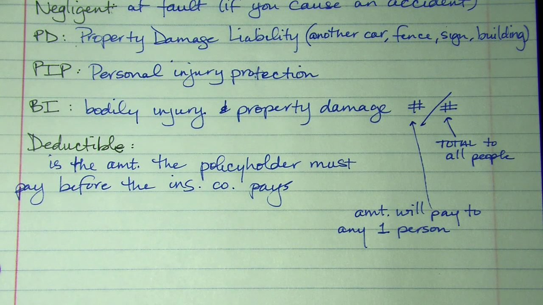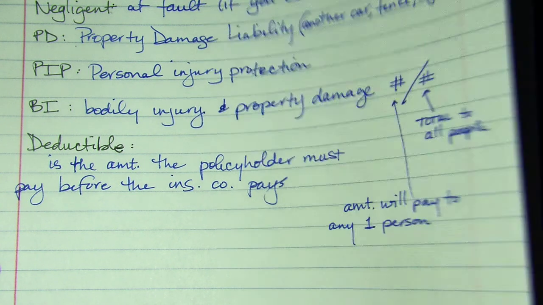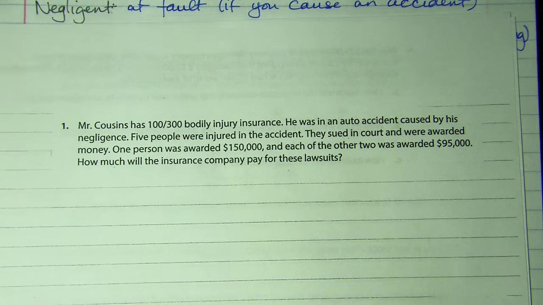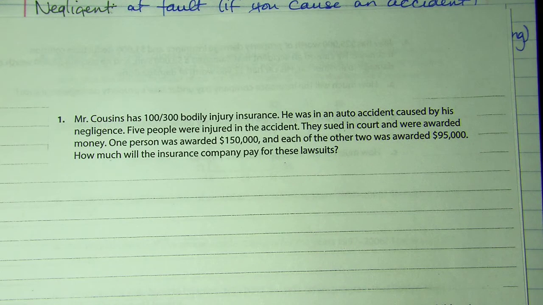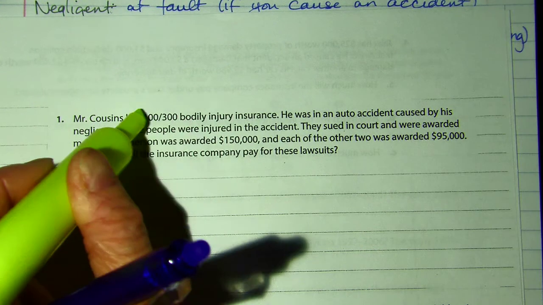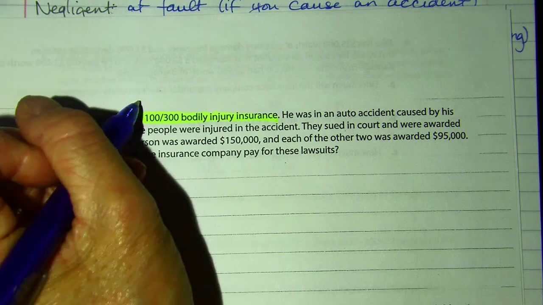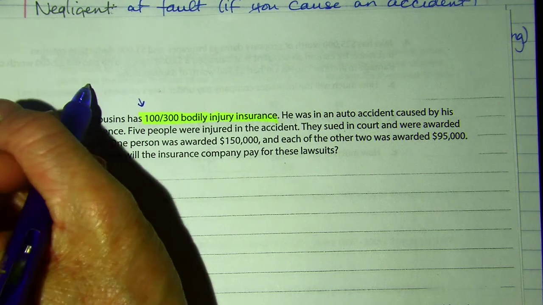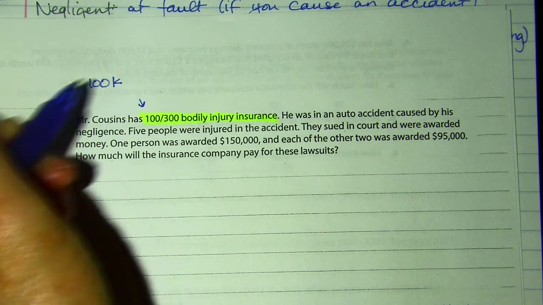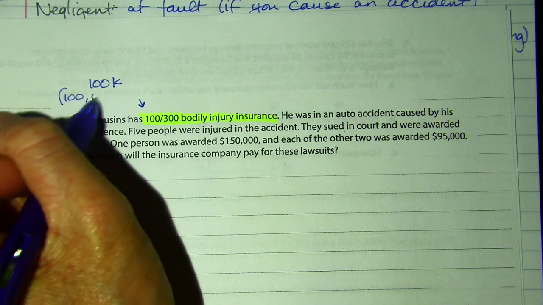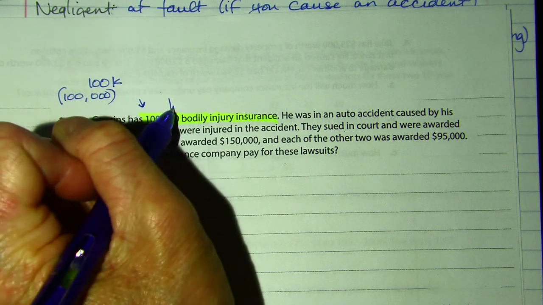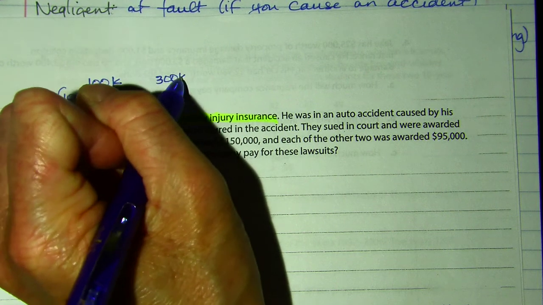So we're going to do some examples together. Here we go. This should look a lot like your homework. Mr. Cousins has a 100-300 bodily injury insurance. Please note that the 100 stands for not $100, but 100K, or 100,000. And same with this, that's 300,000.